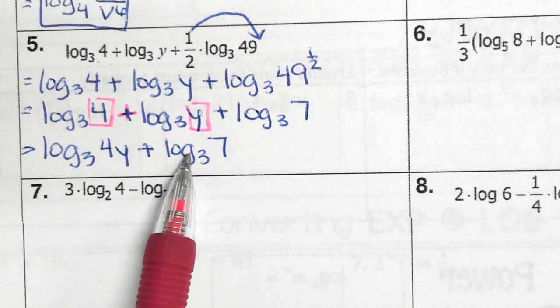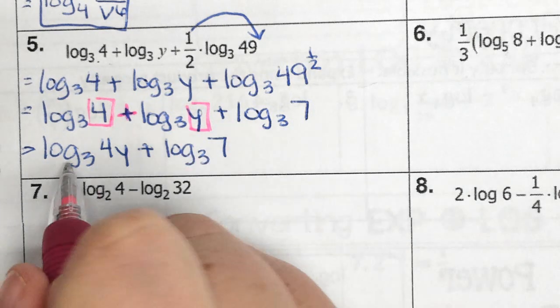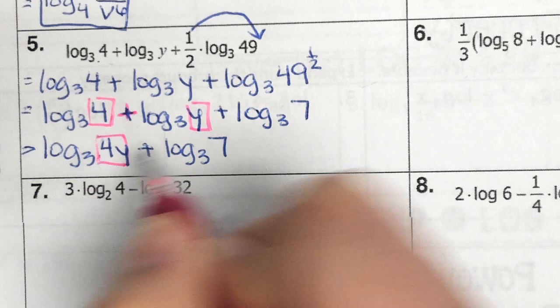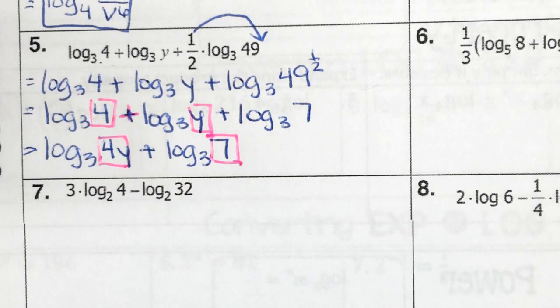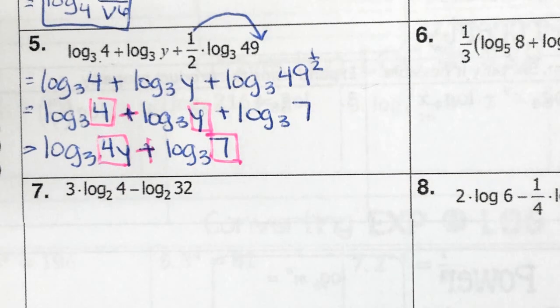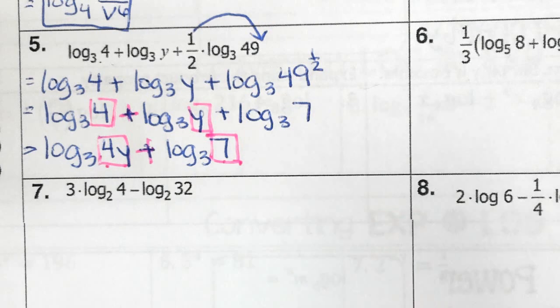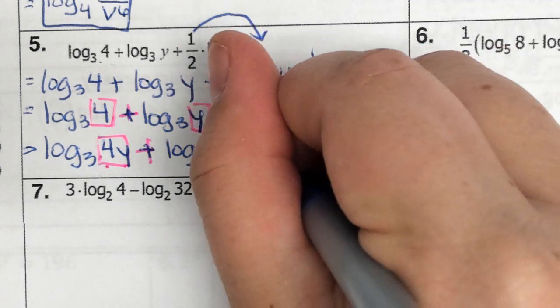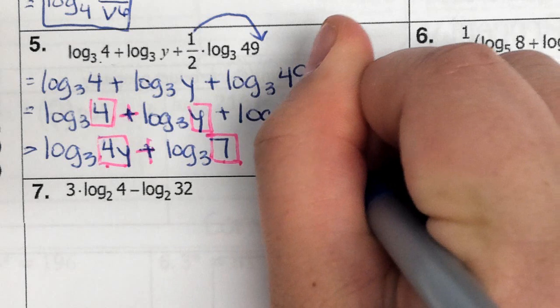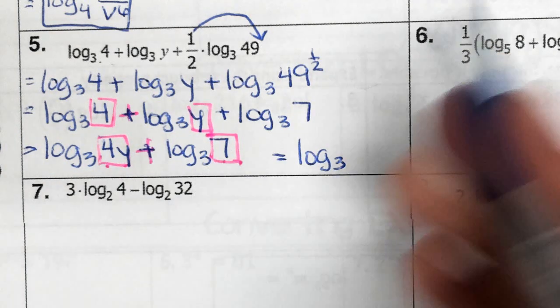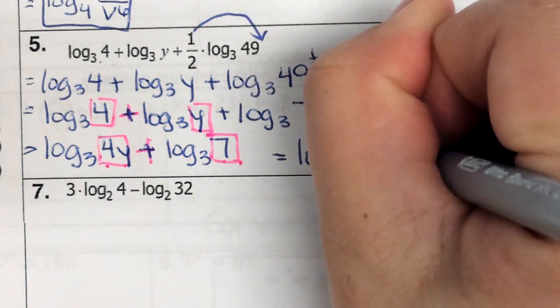Still haven't simplified to 1 log, so we have one more step. Look at your arguments. We have the argument 4y and the argument 7, again with a plus in between. So that means we are going to multiply these two. So that's going to become log base 3, 4y times 7 is 28y.